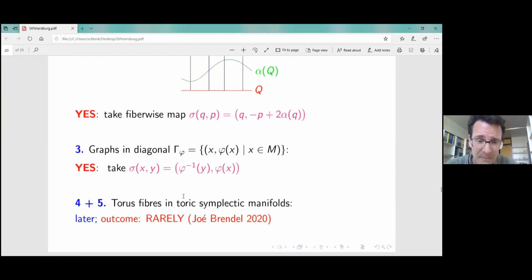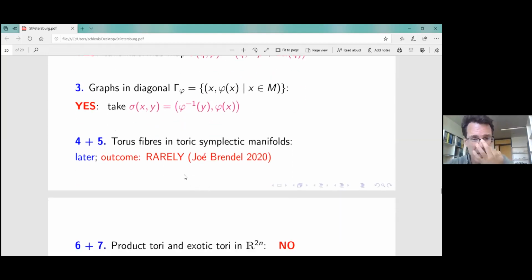But newer work shows that for instance, in the torus fibers, in particular in the moment map situation, reality is very rare and very, very special. So this first impression in the dynamical examples is just not true. When you go for the toric picture, and I will come back to that, then you have to prove something. Reality is very rare.